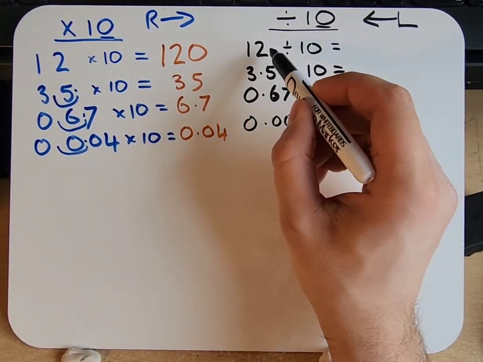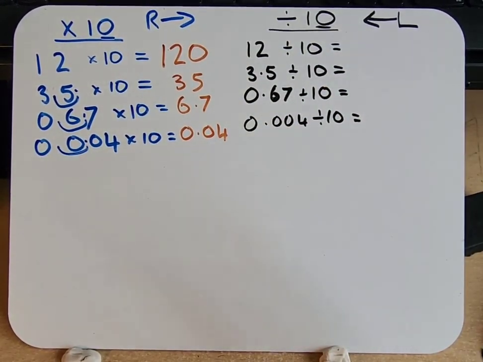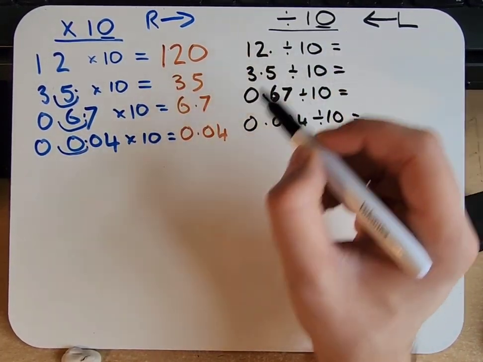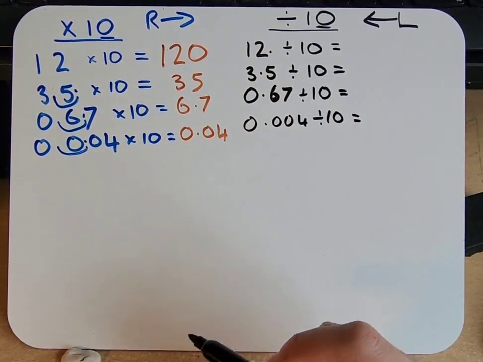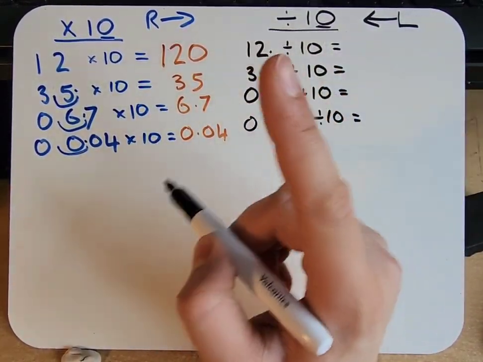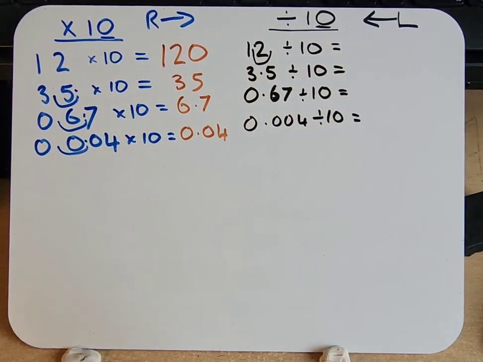If we start with this number here, 12, you might say there is no decimal place. So how am I going to do that? Well, there's a decimal place right here that is with every single number. Every integer has a decimal at the end of the number. We're going to move left 1 place.